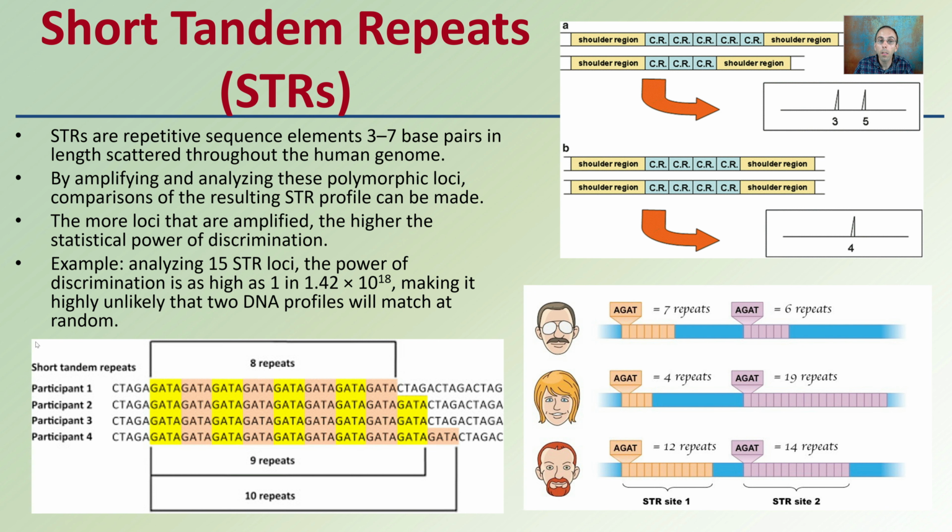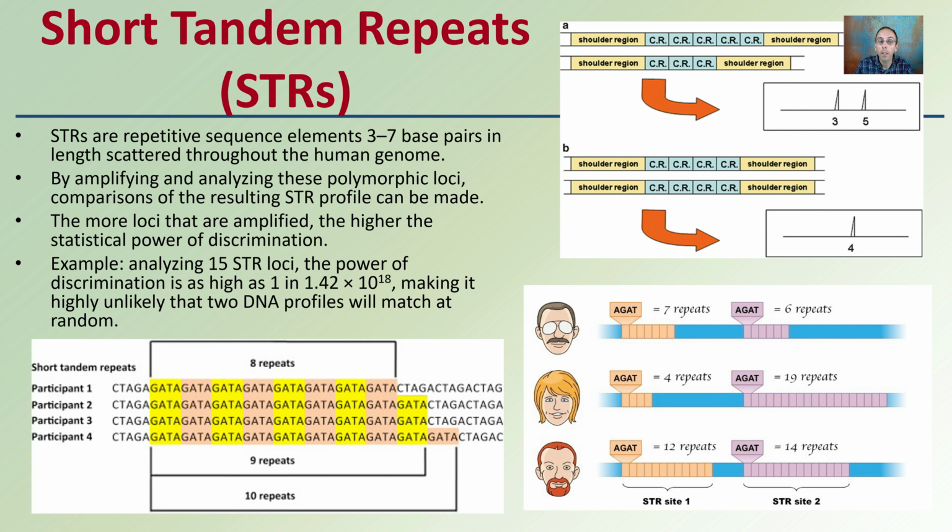Now, short tandem repeats, STRs. What we're looking at when we talk about short tandem repeats, so small here, are sequences that are typically 3 to 7 base pairs in length and scattered throughout the human genome, for example. By amplifying and analyzing these polymorphic loci, comparisons and a resulting STR profile can be made. So the more loci that are amplified, the higher the statistical power of discrimination, because again, here we're trying to identify someone as part of a potential group or population.